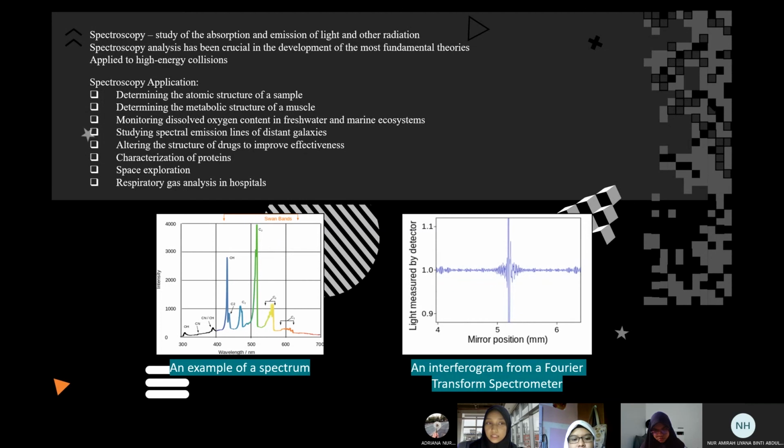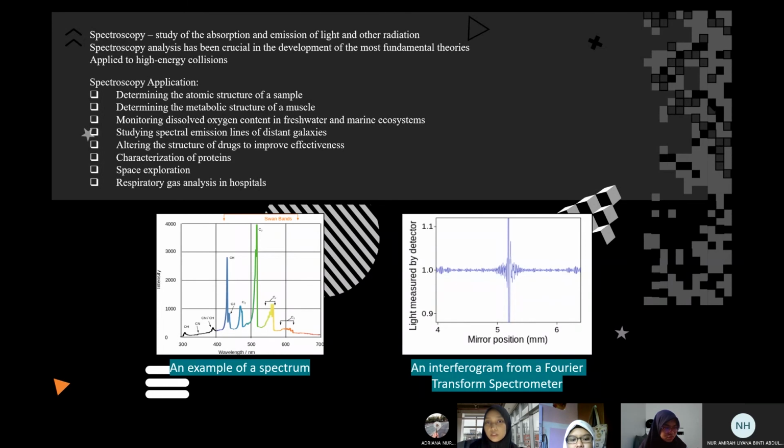More recently, the definition has been expanded to include the study of the interaction between particles such as electrons, protons, and ions, as well as their interaction with other particles as a function of their collision energy.